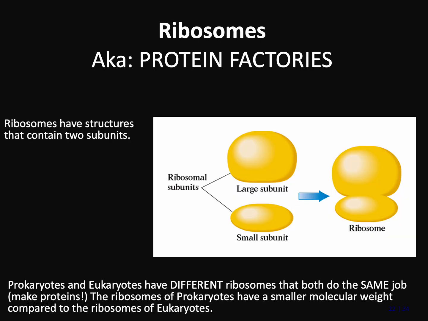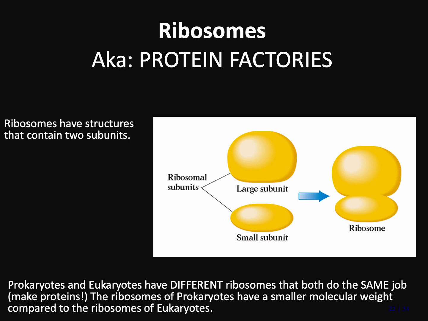Now all of this is taking place at the ribosome in the cytoplasm of prokaryotes and eukaryotes. Ribosomes are these protein factories where proteins are being built. And just a couple things to point out. Ribosomes do have a large and a small subunit, and these 2 subunits are actually sitting on the mRNA. Whenever the mRNA strand comes to a ribosome, the large and small subunits will attach onto the mRNA and move along that strand of mRNA to read it and make that protein.